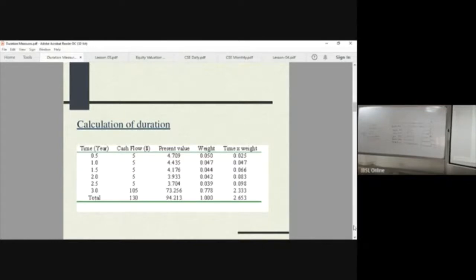So the formula is this. Now what is the cash flow? 5.